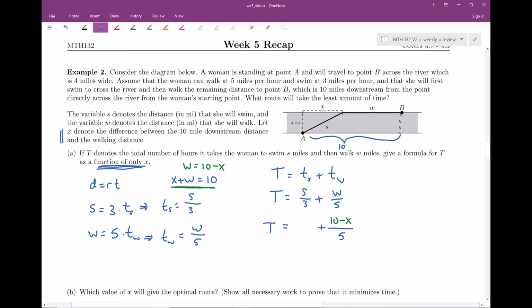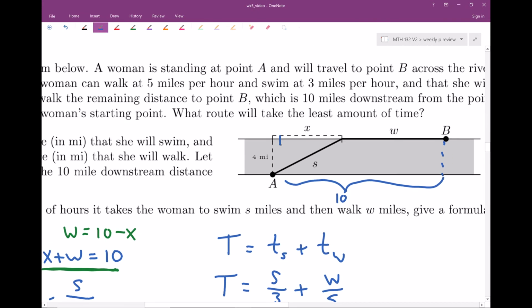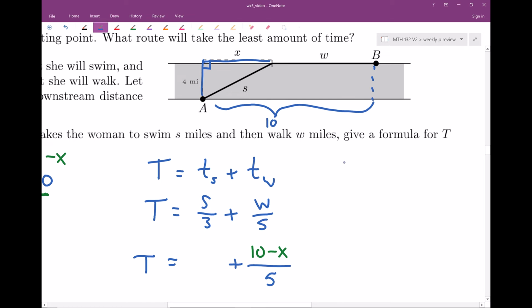All right, so instead of s's, I want x's. So I go back and look at my picture, and it kind of looks like I have a triangle here. I have a way that I can relate x and s, and that's with the Pythagorean Theorem. So this would say that x squared plus 4 squared, that's 16, is equal to s squared.